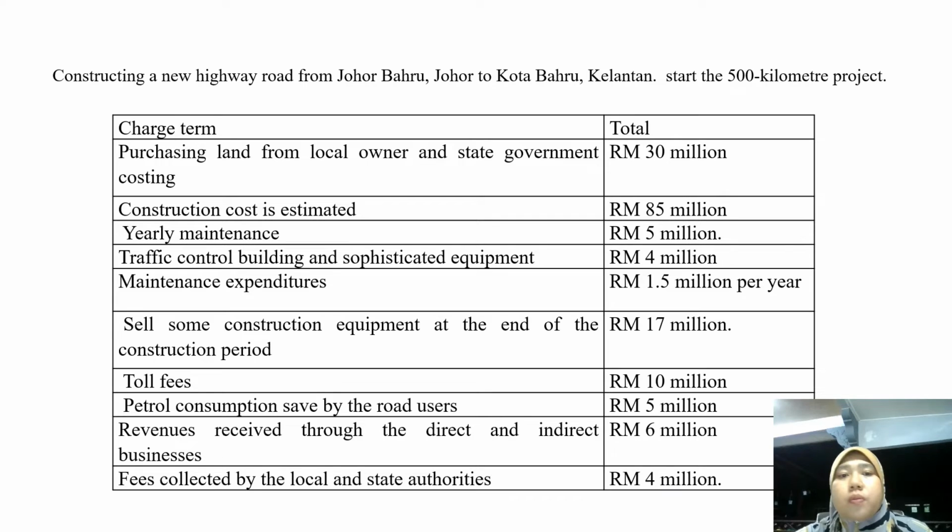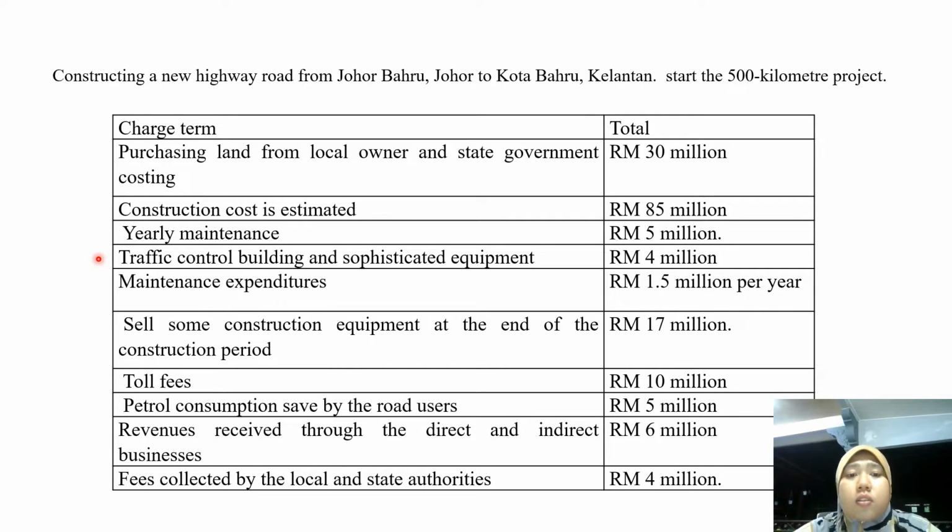Okay, let's go. As we can see, the job that we get is constructing a new highway road from Johor Bahru, Johor to Kota Baru, Kelantan, a 500-kilometer project. The tables list the purchasing that we have to do. Firstly, purchasing land from the local owner and the state government, costing 30 million.